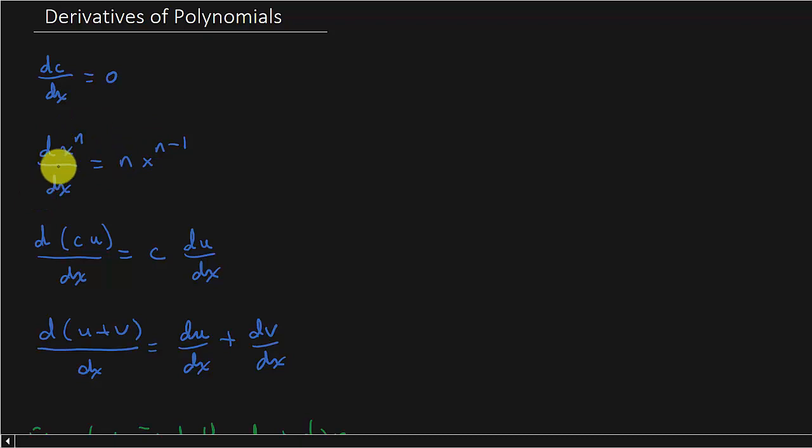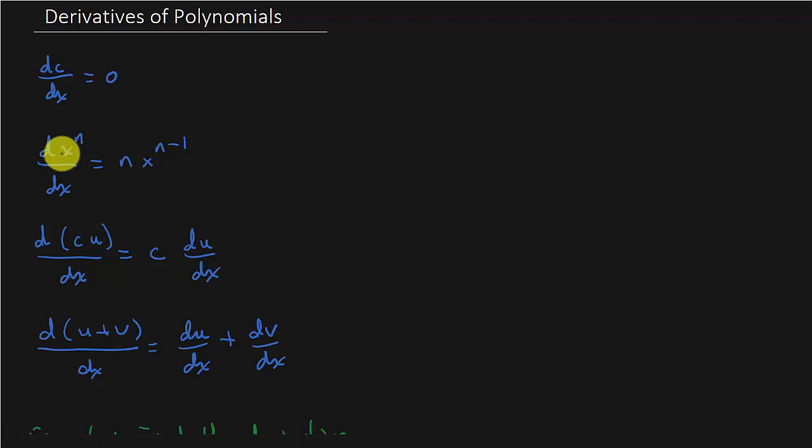So this one says that if you're taking the derivative of x raised to a power, that's the key there. You've got x raised to some number. Okay? And it doesn't have to be x. It can be r raised to a power, or s raised to a power, t raised to a power.